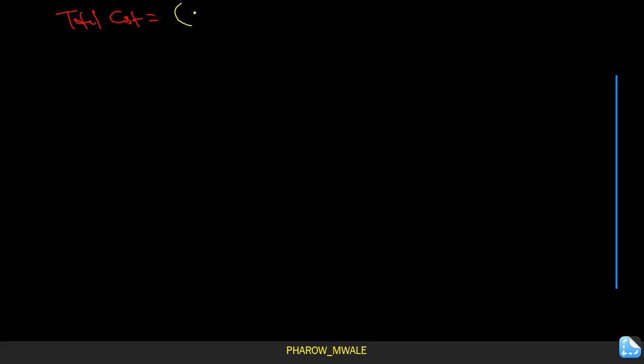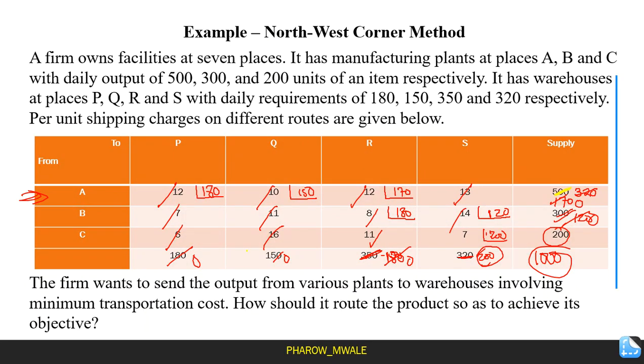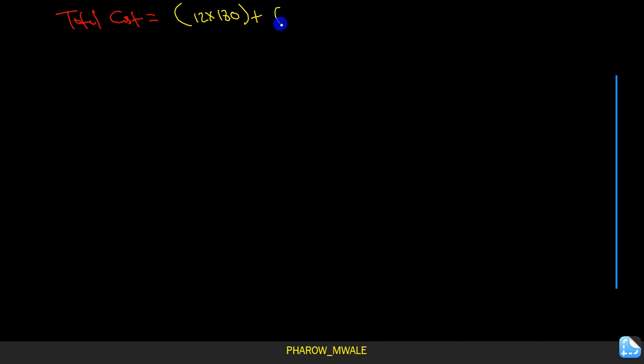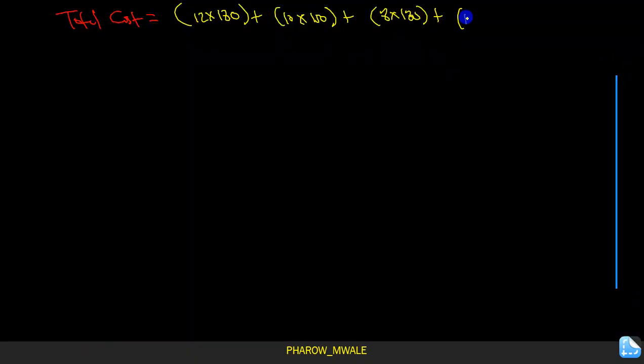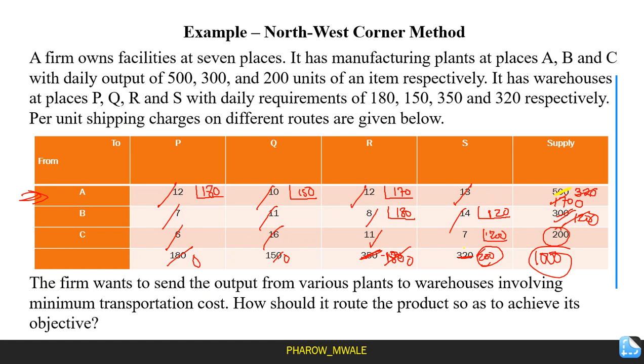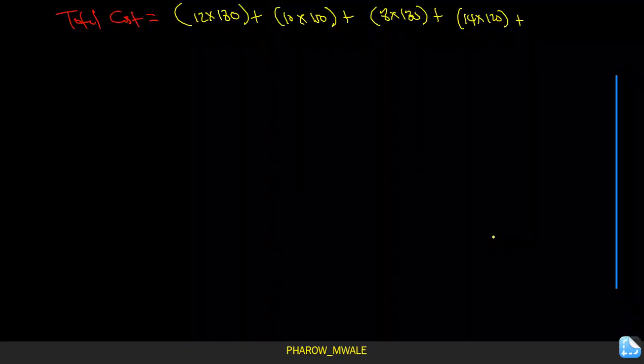So we have 12 times the quantity allocated, plus 10 by 150, plus 8 by 180, plus 14 by 120, plus 7 by 200.